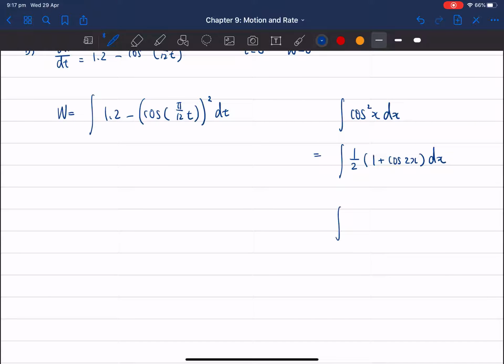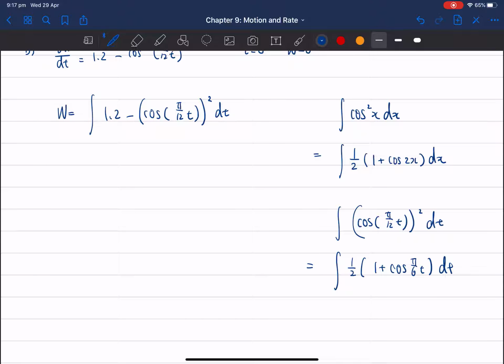We have the integral of cosine pi over 12t squared dt. And all we need to do is change that into half bracket 1 plus cosine 2 times by pi over 12, which is pi over 6t. So that's what we need to get to.